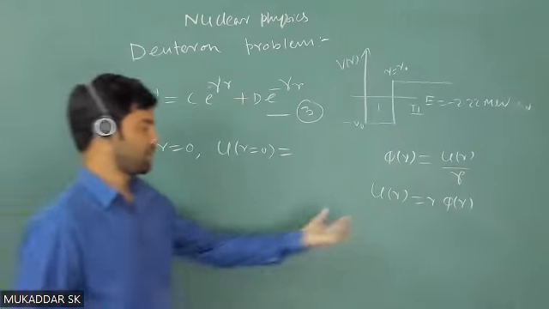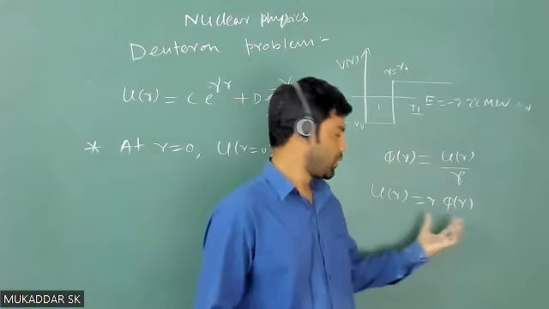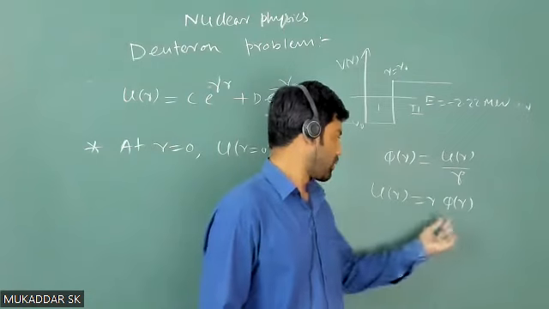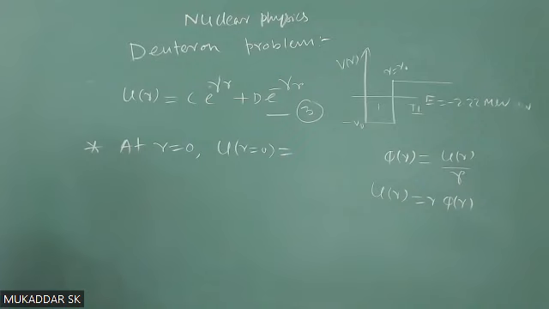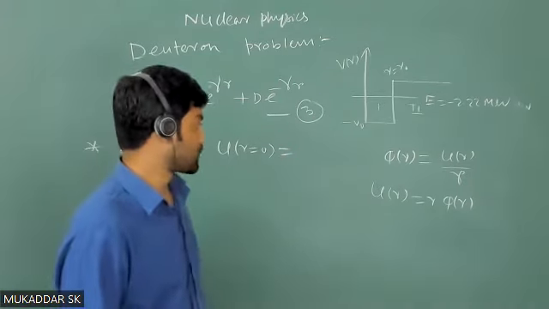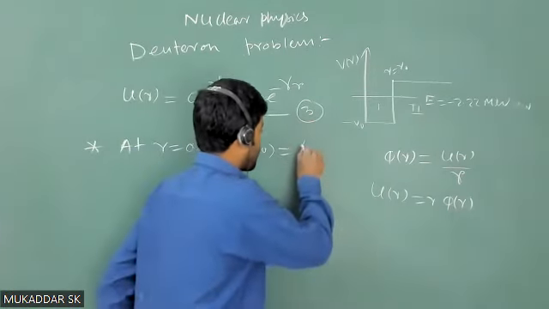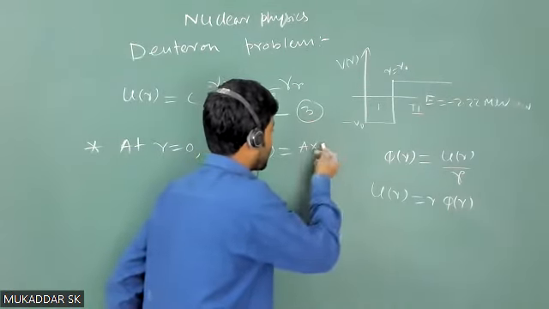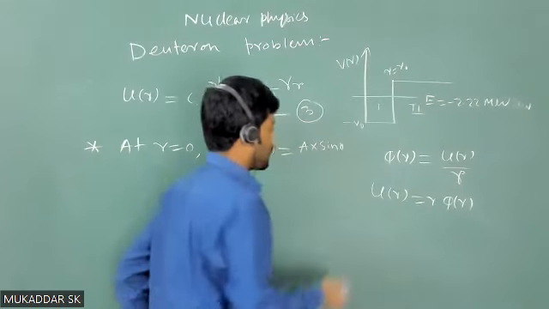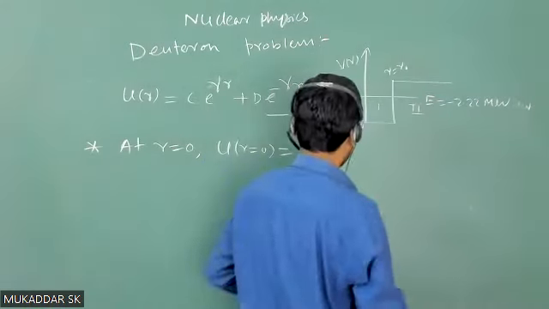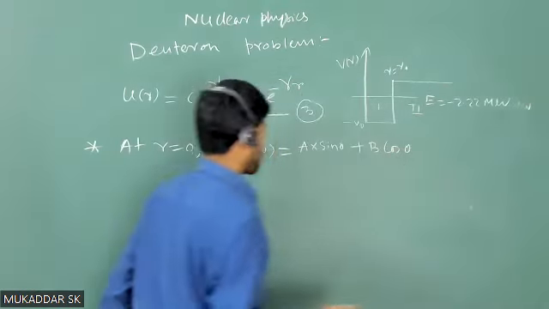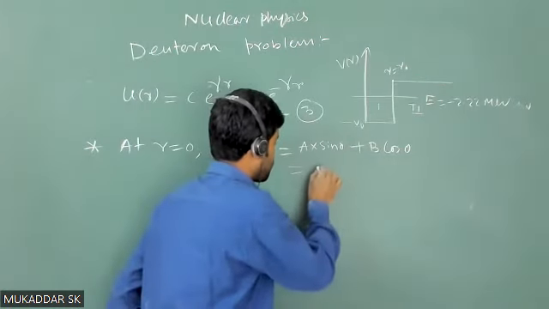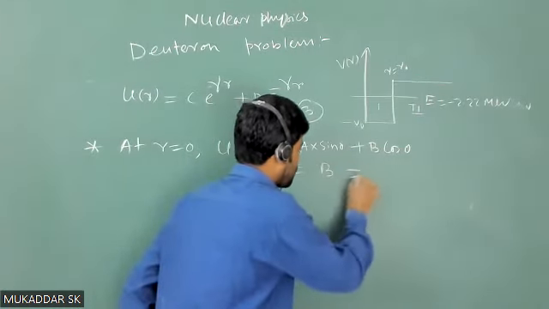So you have a function like this, u of r equals r into phi of r. At r equals 0, u of r should be 0. And you have u of r equal to a sin kr plus b cos kr. So a sin 0, which is 0, plus b cos 0 should be equal to 0.